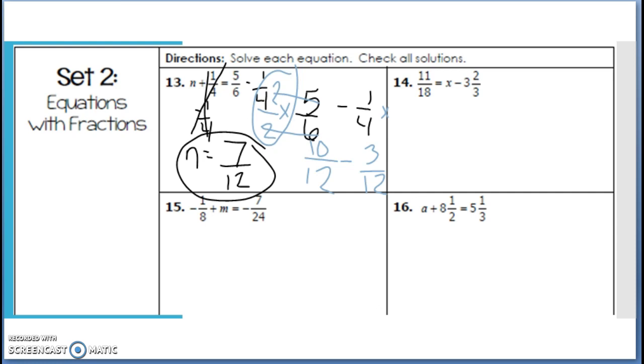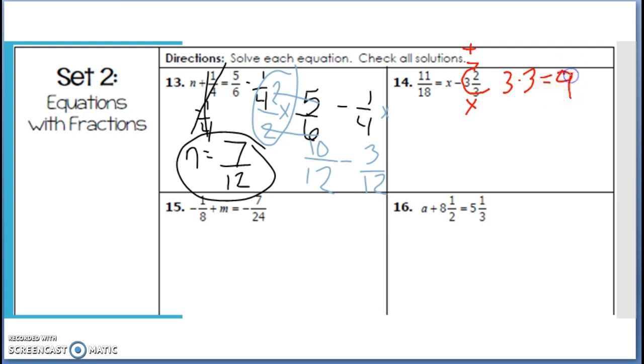So number 14. Well, 3 2/3 is a mixed number. So we need to convert it to an improper fraction. So remember, we do the tire method, as one of my students call it. We multiply the bottom, the denominator, times the whole number. So 3 times 3, and we get 9.